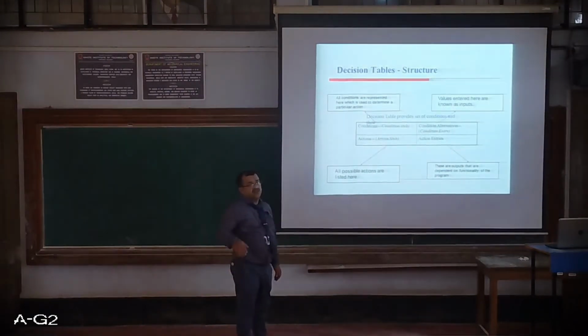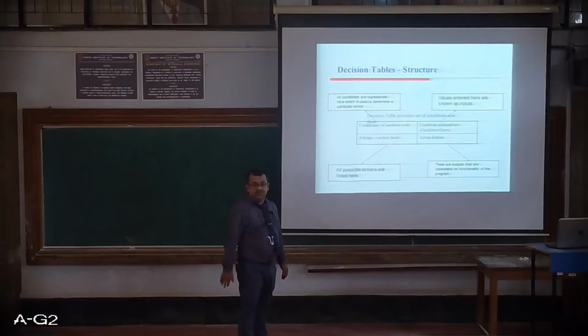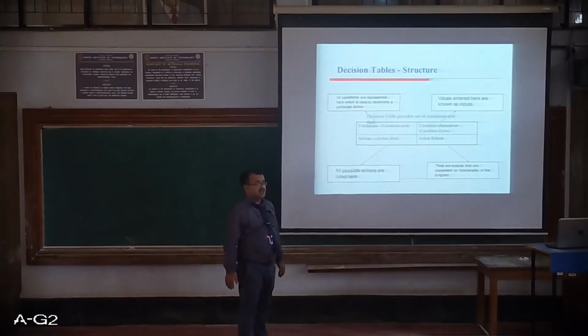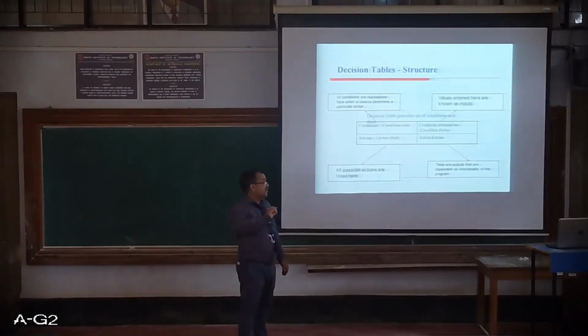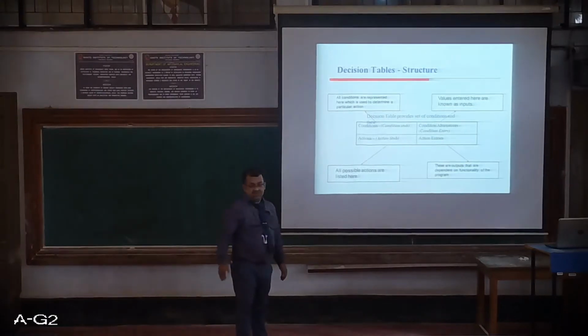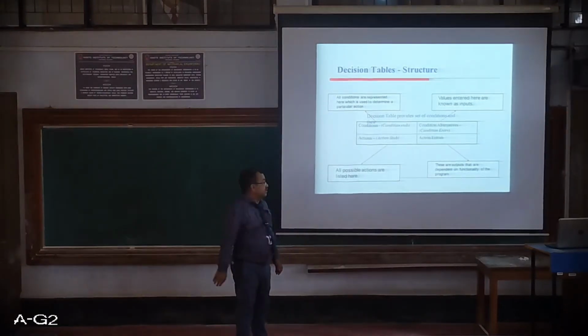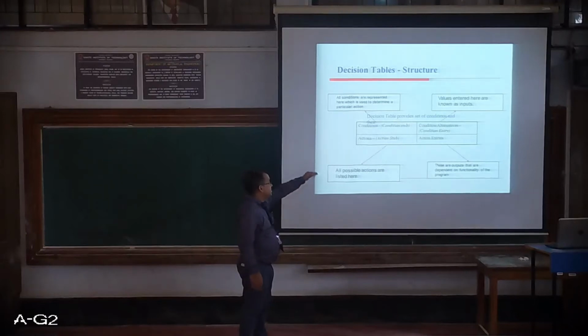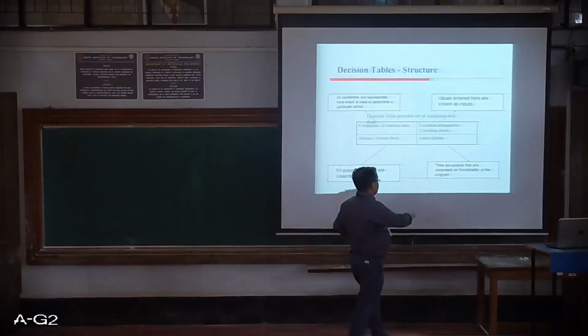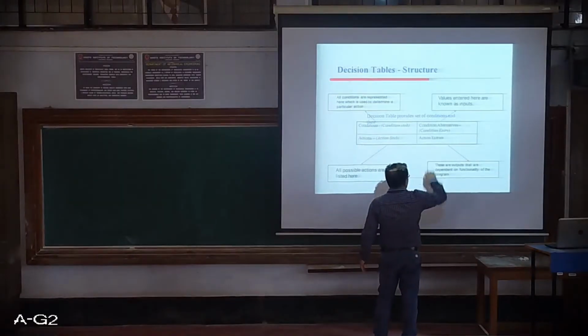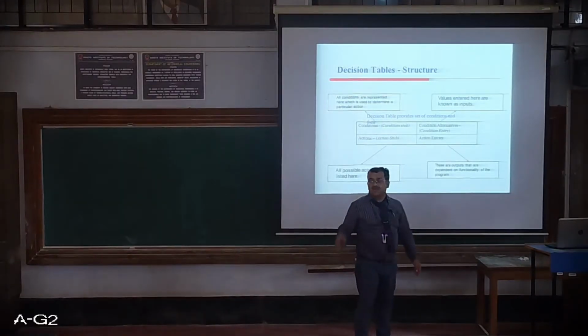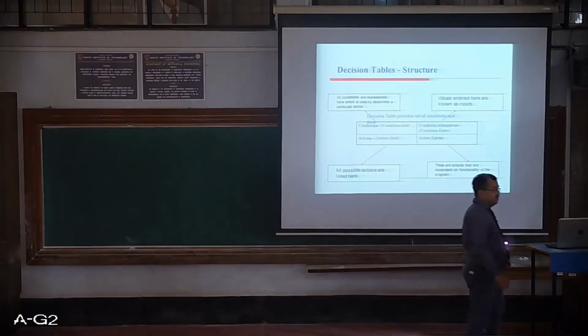For whatever input is available on the right, that determines what action is to be taken. Then in the right down corner are the action entries, which specify the action to be taken.